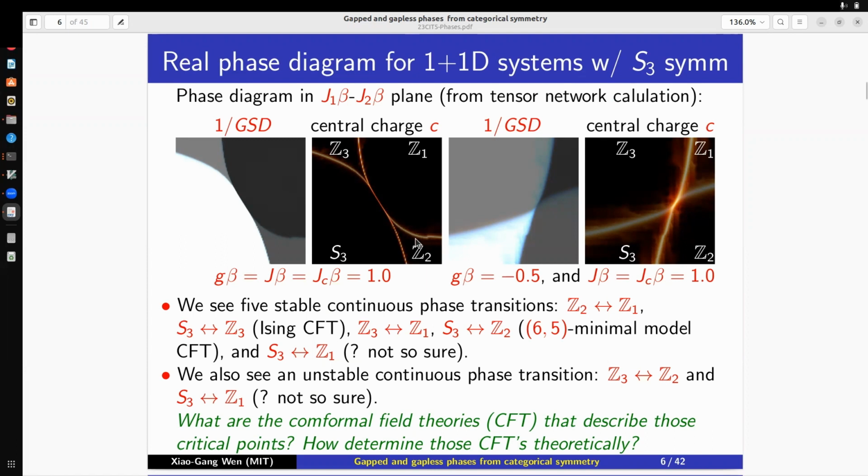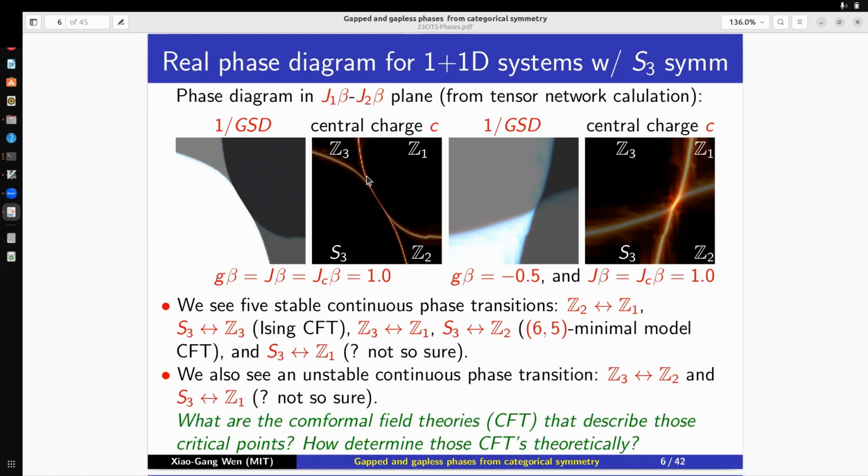So we see the scaling regime, and I'm more confident that the other four are continuous transitions. These two horizontal lines are Z2 symmetry breaking transitions, like the Ising class. And the other one is stronger, a Z3 symmetry breaking transition, from Z3 to Z1, which is actually continuous.